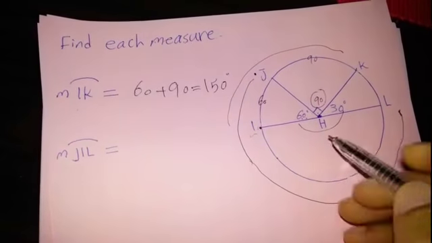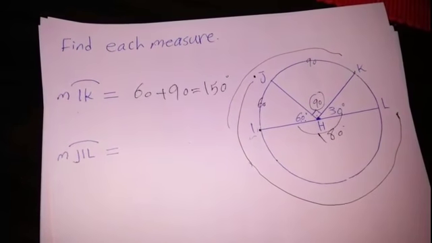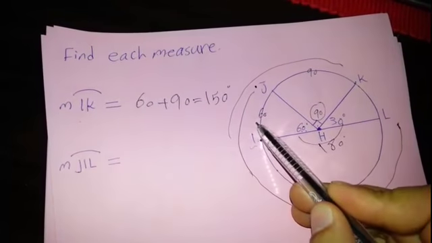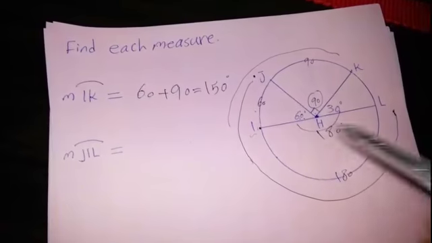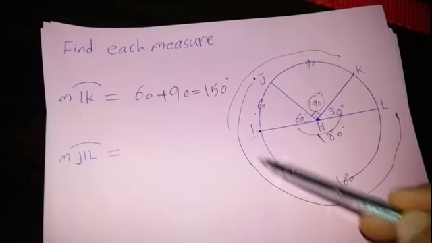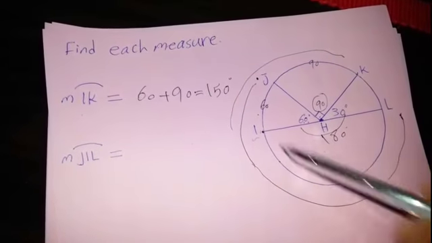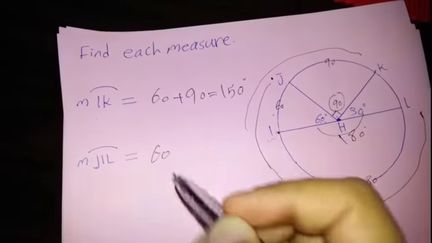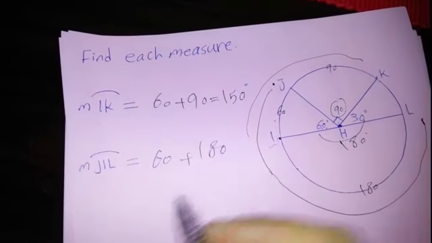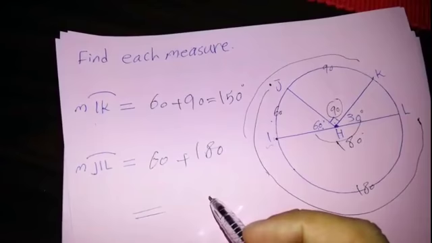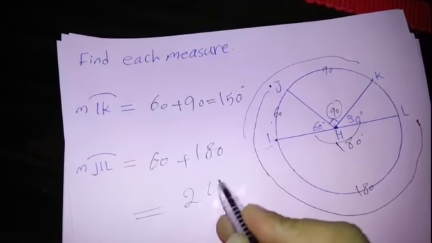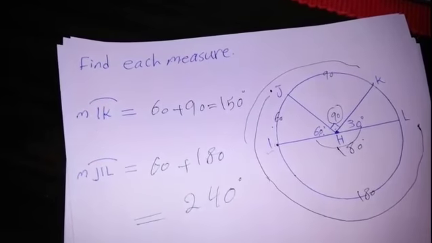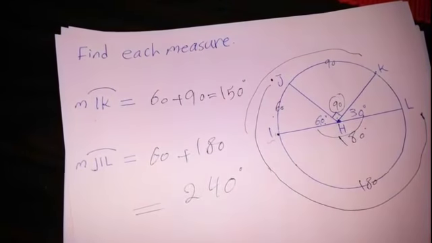We know half of the circle is 180, right? So this one we said is 60, and this arc will be 180. So the measure of all JIL would be 60 plus 180, which is 240 degrees. Okay, and this is the measure of the arc.